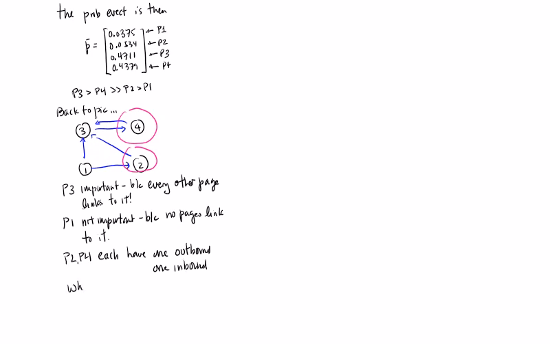So why is page 4 more important? And if we look up at these calculations, at P2 and P4, it's definitely more important. So the reason, and this is what makes this really nice, is that page 3 points to it and page 3 is important.